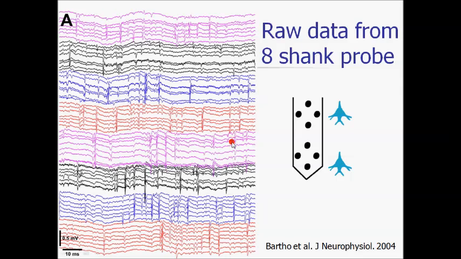So this is the idea of spike sorting: we record this continuous voltage, and later, looking at how the shape and amplitude of spikes change across different channels, we can say that those spikes probably belong to one neuron, those to a different one, and so on.